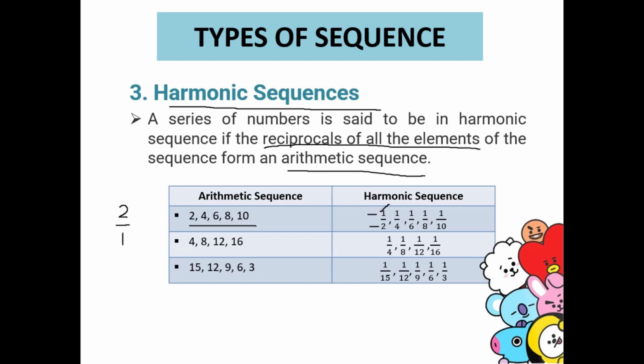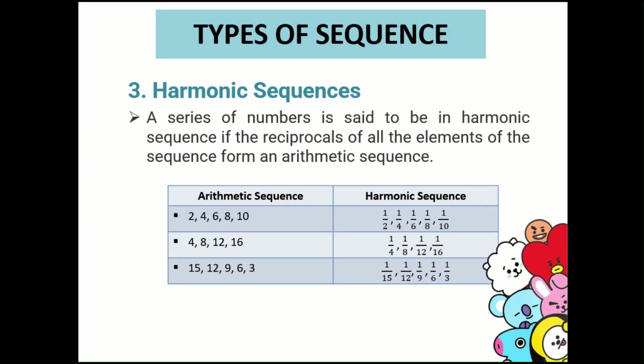Let us analyze whether the harmonic sequence is forming an arithmetic sequence. How do we do that? By looking at the value of our D. As we analyze it here, we need to be careful that this is the given. I think I presented it the other way. It should be on the first column.